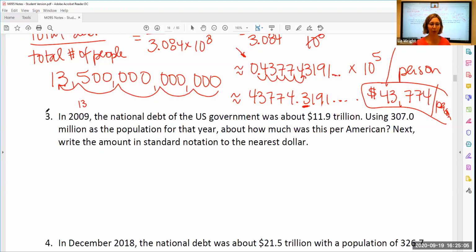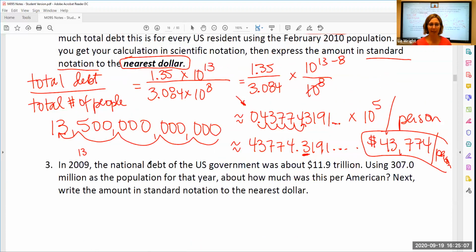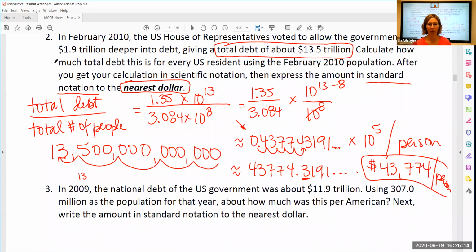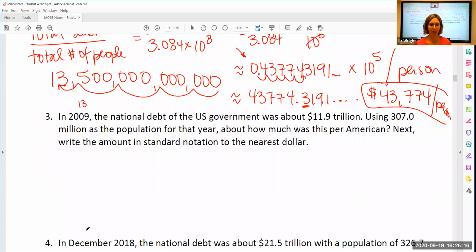So in number 3, what you're doing is that you're doing all of these steps. So the steps that we did in 1 and 2, you're doing those steps in number 3, because still you're looking again for how much money, so how much money is it per person?